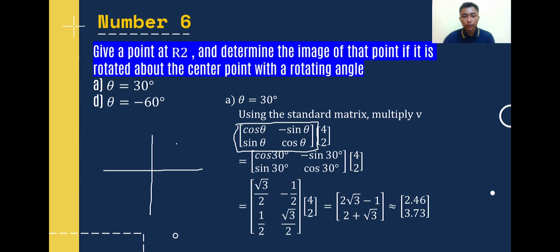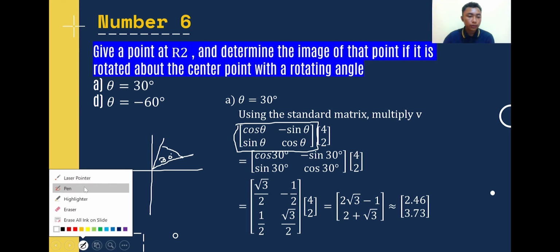For example, the coordinate is 4,3, maybe in this point, and we will move 13 degrees counterclockwise like this. For example, this is the 13 degrees. So the value of x and y will be changed.